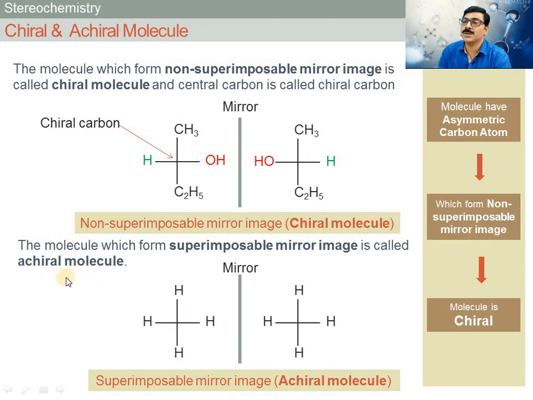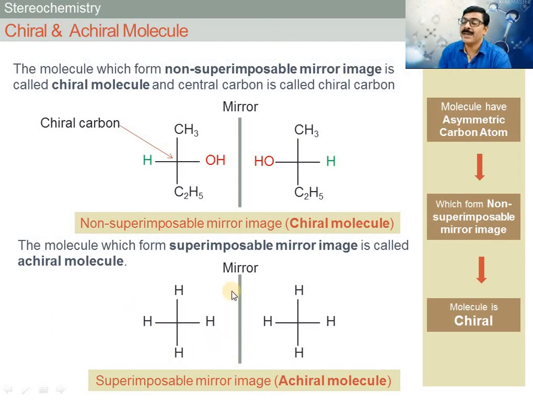It is opposite to the chiral. Means a chiral molecule can form a non-superimposable mirror image, but an achiral molecule forms a superimposable mirror image. And if the molecule forms a superimposable mirror image, then it is called an achiral molecule. Just for example, the CH4 molecule.